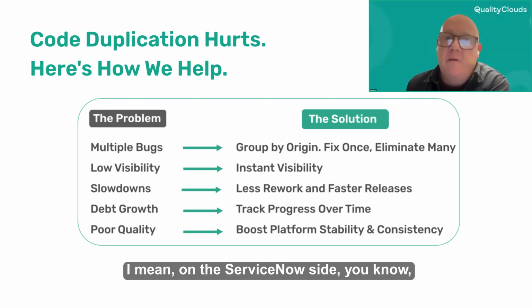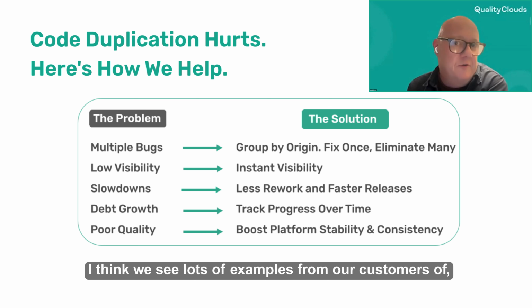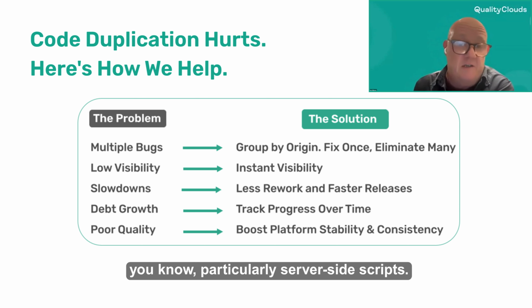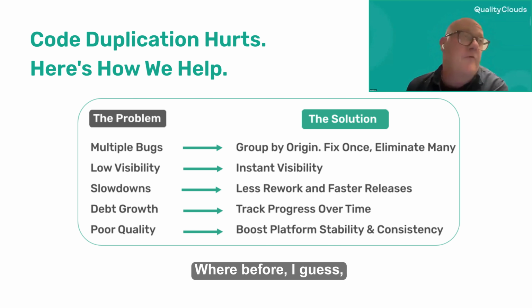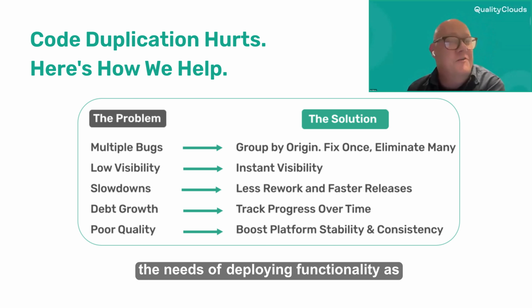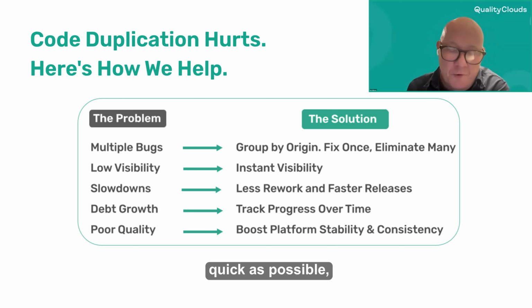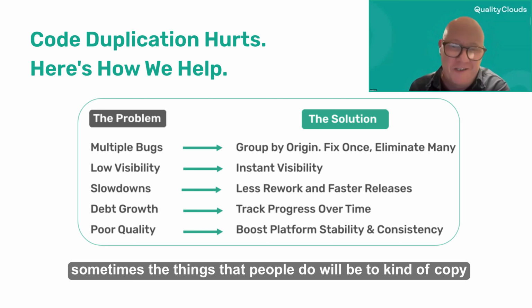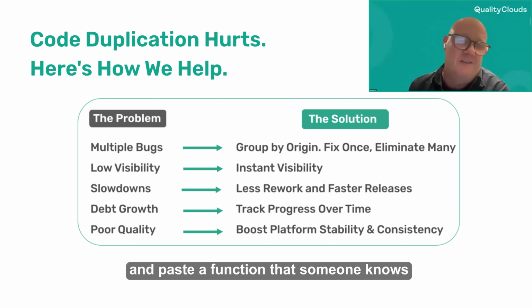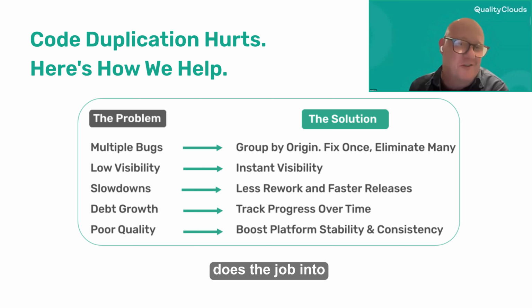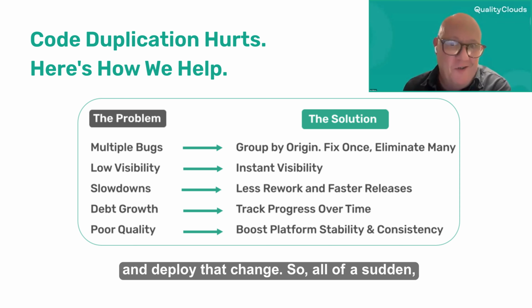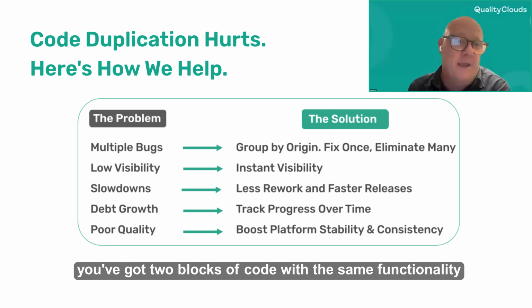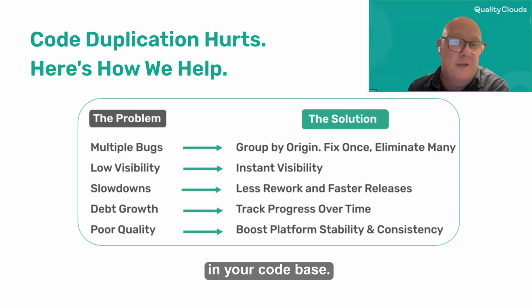On the ServiceNow side, we see lots of examples from our customers of server-side scripts, such as business rules or script includes, where, because of the need to deploy functionality as quickly as possible, people copy and paste a function that someone knows does the job into another business rule and deploy that change. So all of a sudden, you've got two blocks of code with the same functionality in your code base.